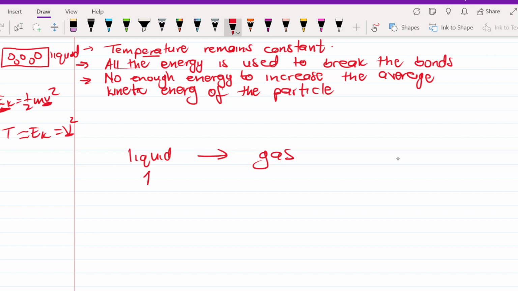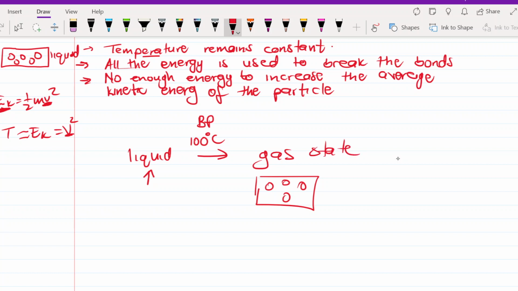So remember, we're going to heat the liquid. Let's say, for example, at 100 Celsius degrees, it starts to boil. That's the boiling point. Then the substance is going to have a gas state. These are the molecules of a gas state.